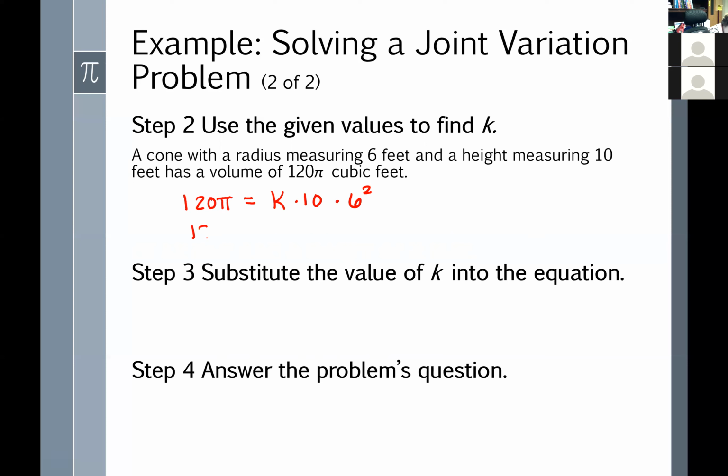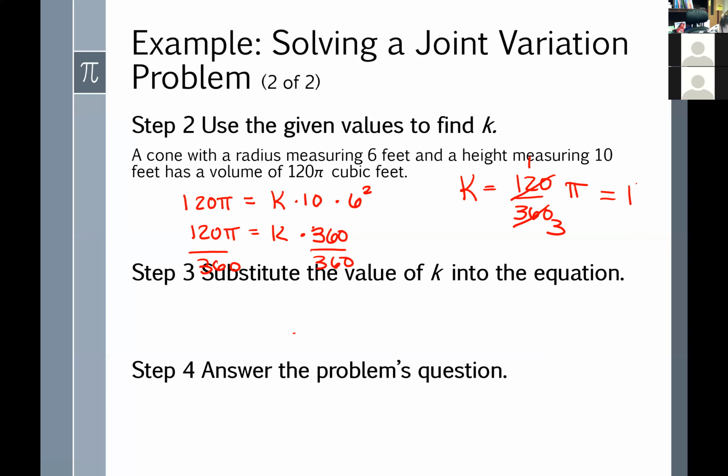So 120 pi is equal to K times 360. 6 squared is 36, and 36 times 10 is 360. Divide by 360, and we're going to just reduce this fraction. 120 will go into 360 3 times. So K is pi over 3.